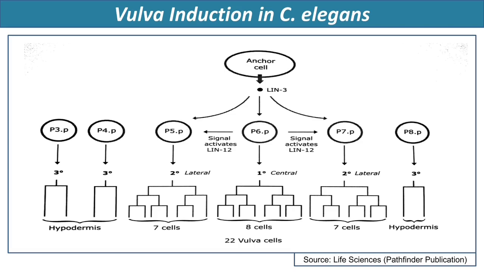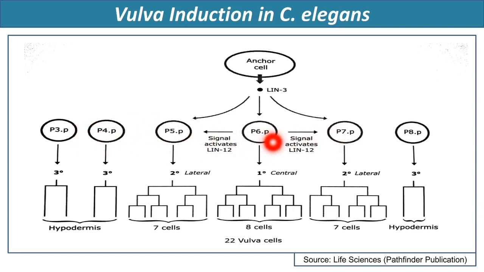So the process begins with the formation of 6 hypodermal precursor cells or vulval precursor cells, also known as VPCs, which are numbered P3.p to P8.p, that is P3.p, P4.p, P5.p, P6.p, P7.p and P8.p, a total of 6 vulval precursor cells.